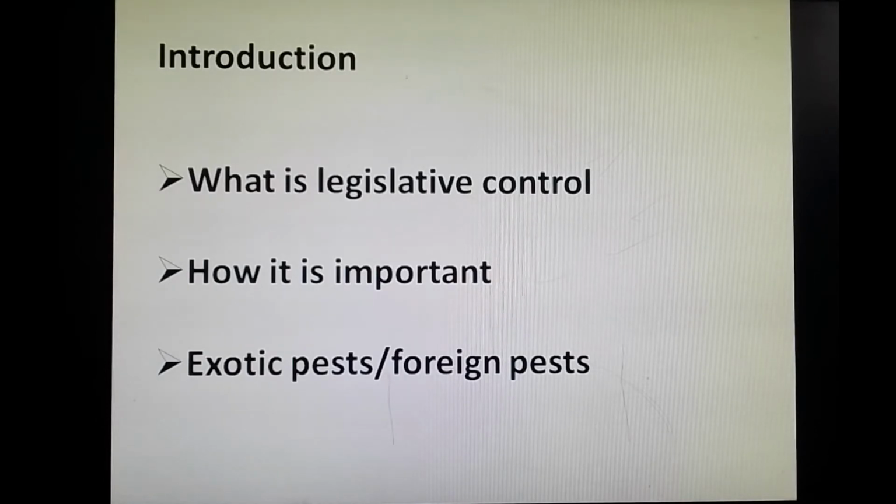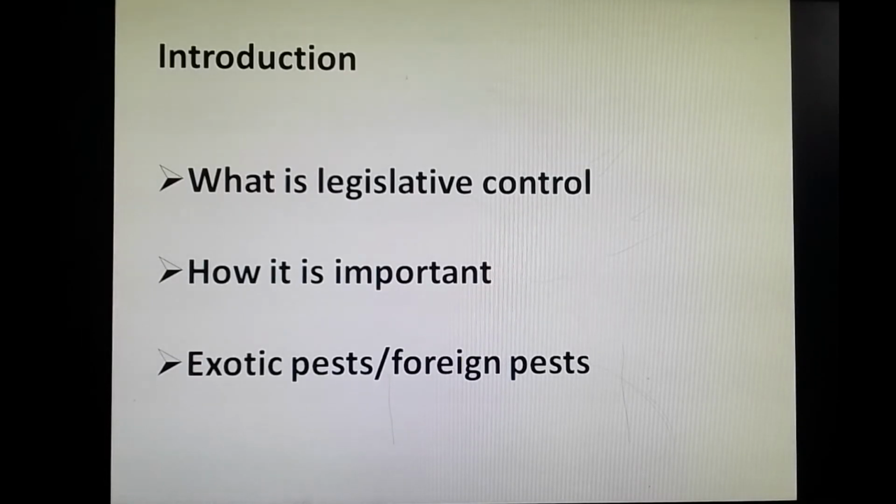So this is especially important for the exotic pests or the foreign pests. I mean, the pests which do not have their origin or are not native to a particular country, but there is a chance, due to the global market and exchange of products, that accidental importation can happen.